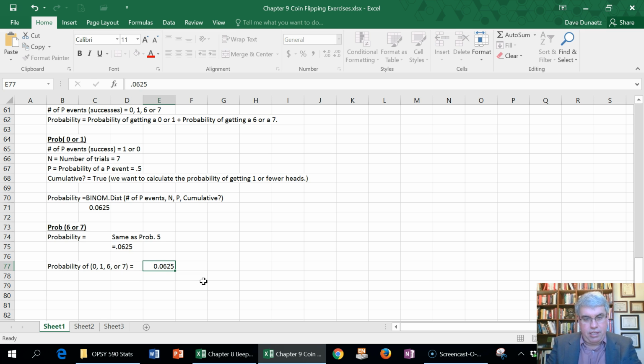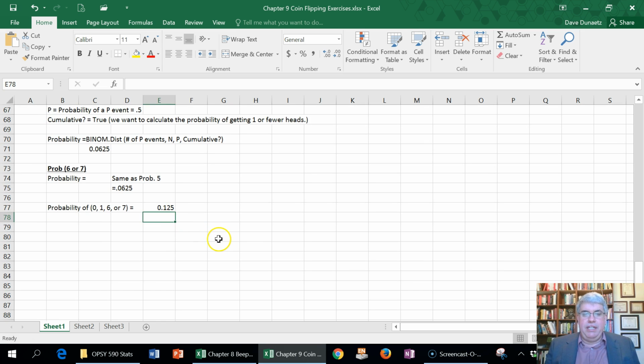Actually, let's put an equal sign in front of that to make sure that Excel knows it's an equation, plus 0.0625, which is the probability of getting a 6 or a 7, equals, and we get 12.5. So that's a 12.5% chance of getting some outcome that's as extreme or more extreme than getting 6 heads.